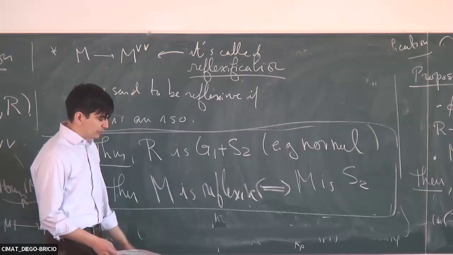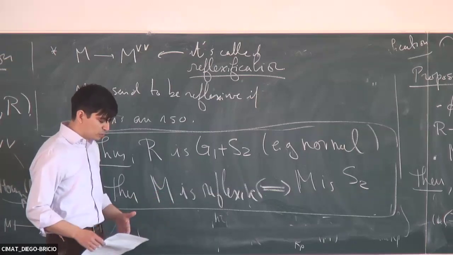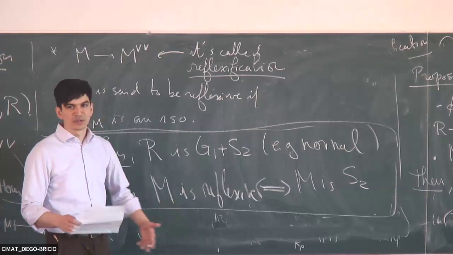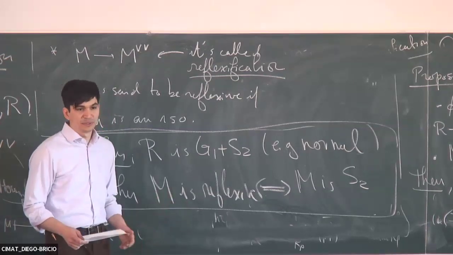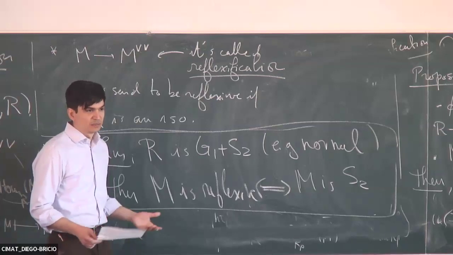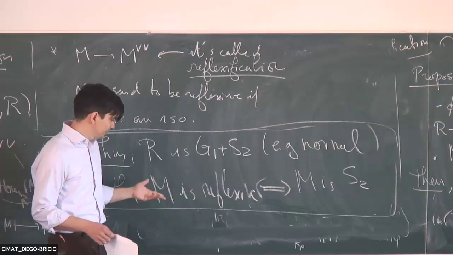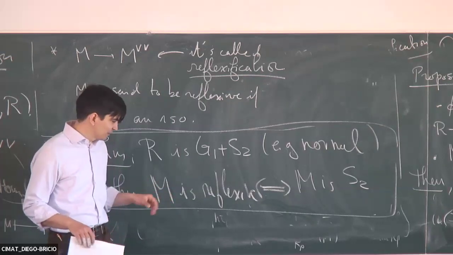Or more geometrically speaking, what people do is, you can say, okay, when I'm working on a normal ring, I'm going to prove things on the regular locus where things are wonderful, and then all I have to do is to reflexify. And that's a very important trick in algebraic geometry just in general. Actually, I have all these memories of being stuck with a lot of problems that I deemed very, very hard.